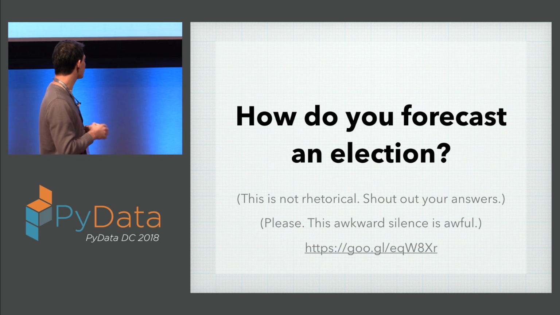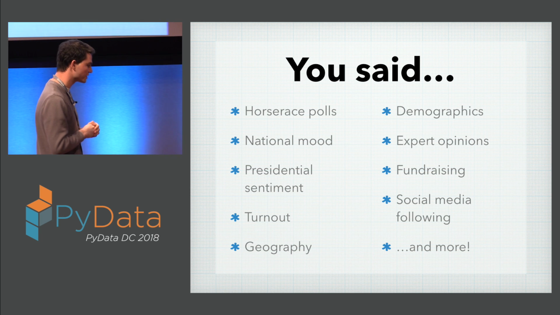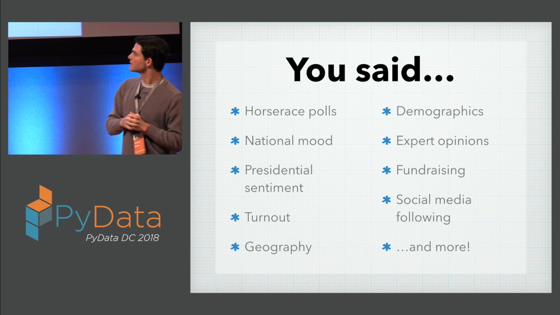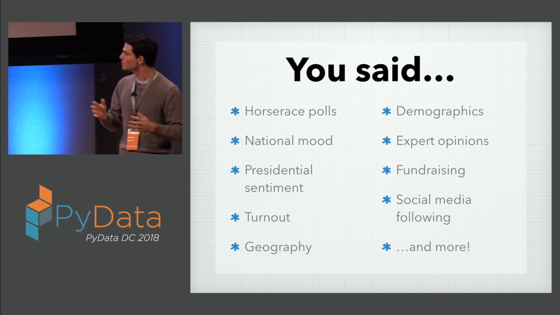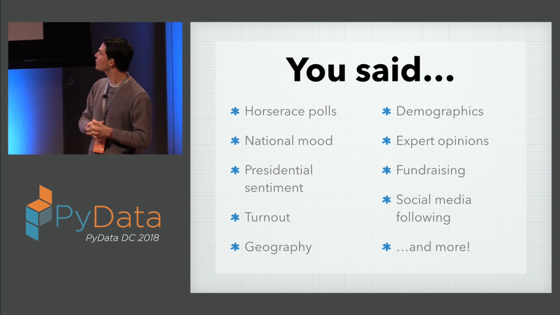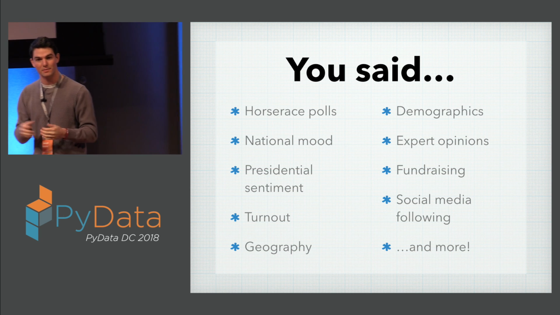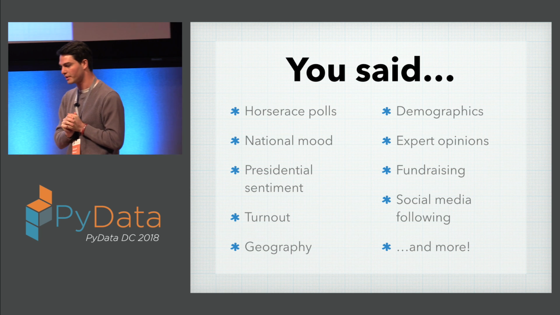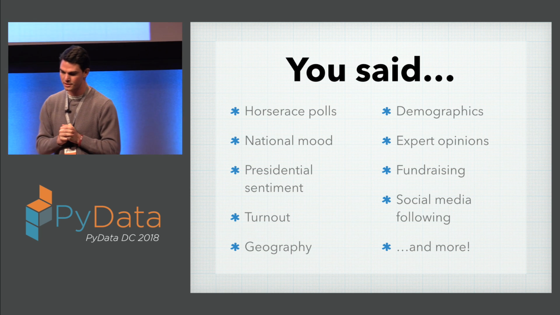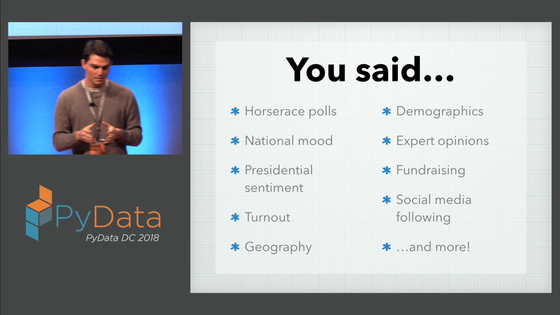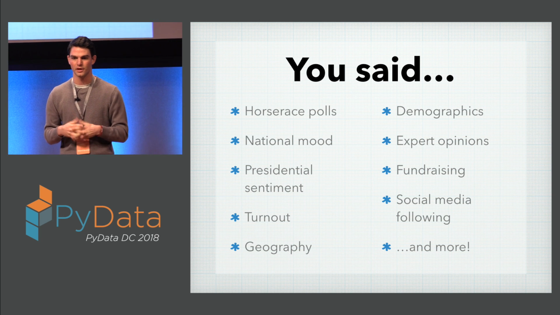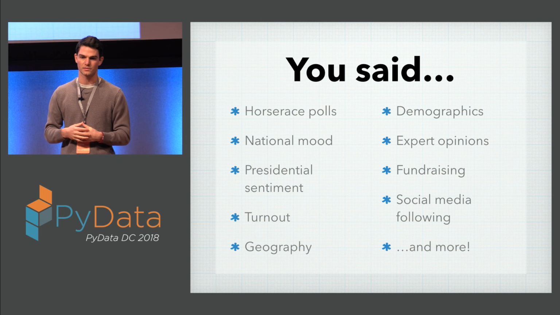So if we were to think about each of these factors, you said things along these lines, right? Horse race polls, national mood, presidential sentiment, turnout, geography, demographics, expert opinions, fundraising, social media following, and perhaps more. We even heard other things from the audience. So when it comes to forecasting, of course, the first thing is determining what could be causal in describing the outcomes that we have.